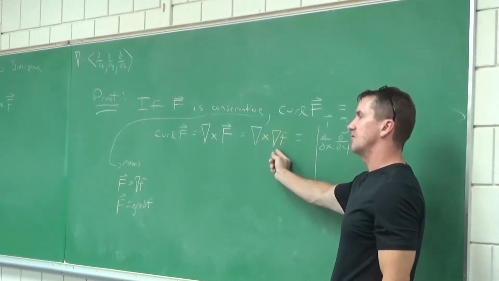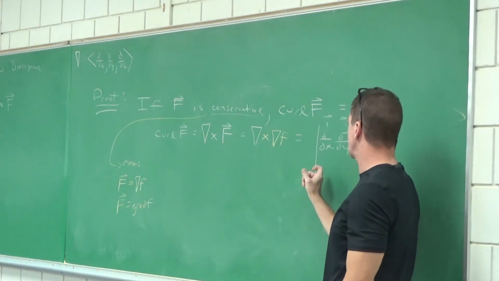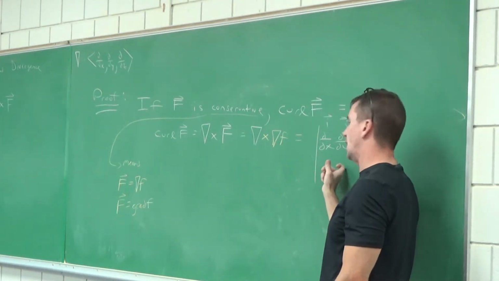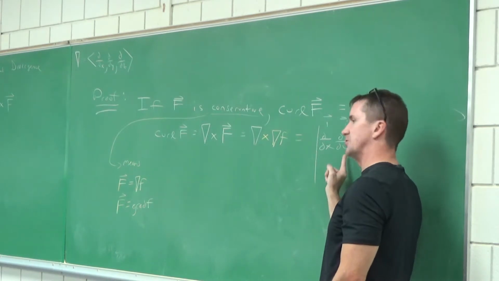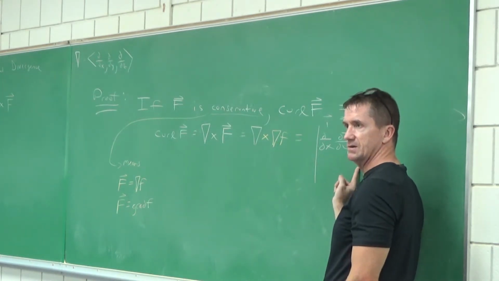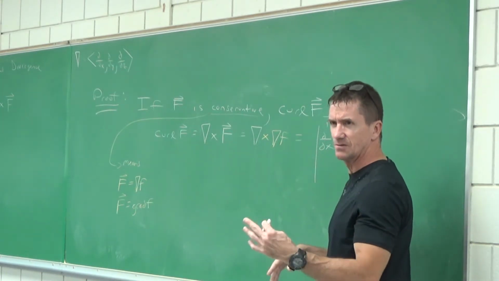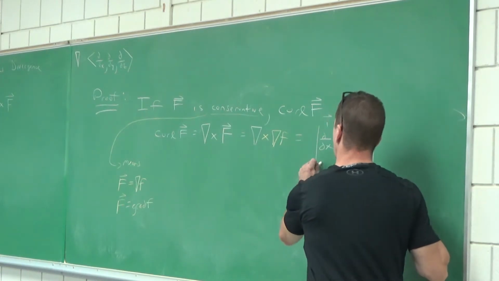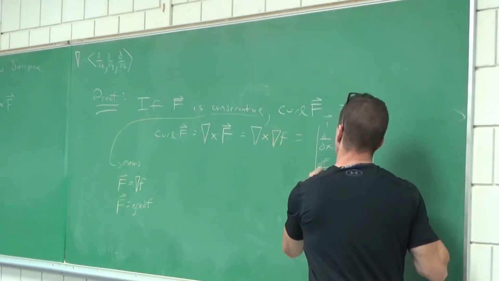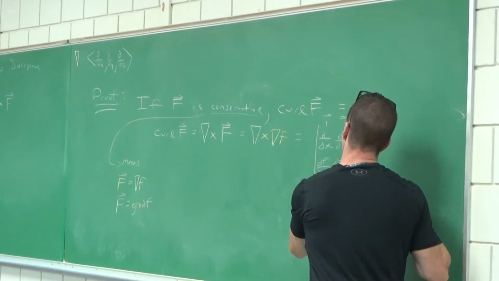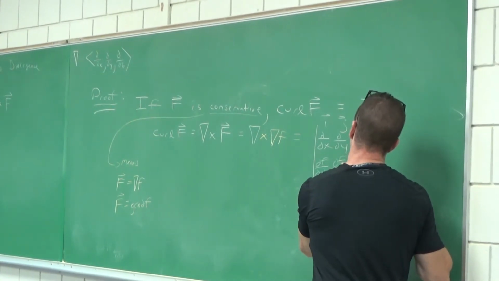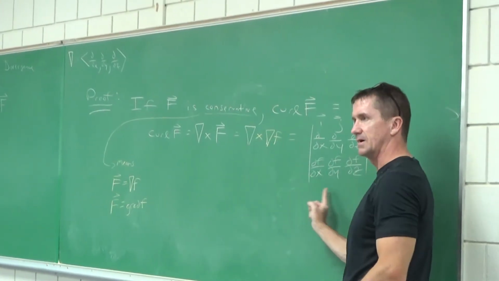Now, there's a couple ways I can write del f. I can write partial f partial x, partial f partial y, and partial f partial z, right? I think you'll find it easier with the other notation. The book does that. But isn't that del f right there?